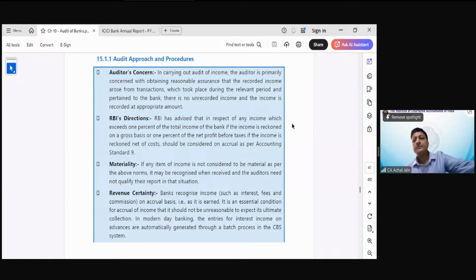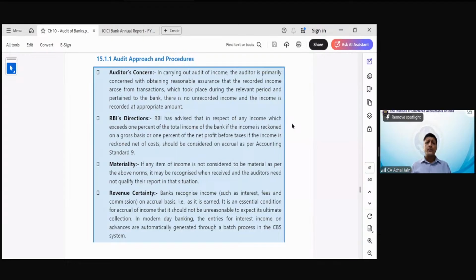Why would this be the most important area? Because it's something which is linked to advances. And because advance is the most important area, any return is linked to that. So it's a cycle actually. Though we are looking at it separately over here, it's a cycle. So when you audit advances, you also audit the return on those advances.